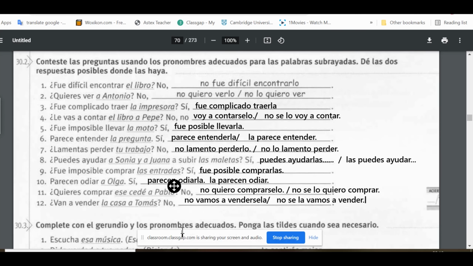Okay, we're gonna practice a little bit more of this. So how will you say, "I'm not going to do it"? How do you say "I'm not going to"? Do you remember? "No voy." Preposition "a."